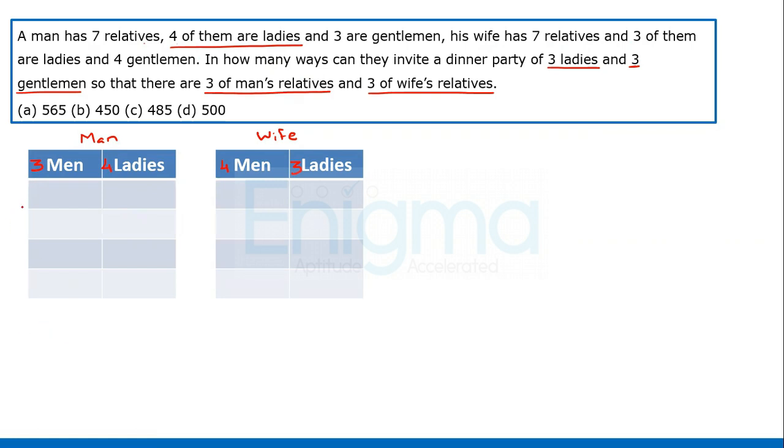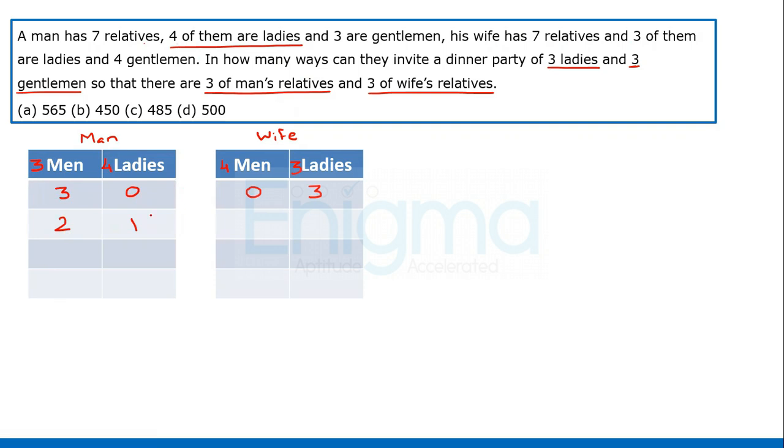Now, the first case possible is there are all three men selected, zero ladies. Because men are selected over here, men cannot be selected over here, and all three ladies are selected over here. Next case, we are increasing one lady, therefore the number of men reduces to two.